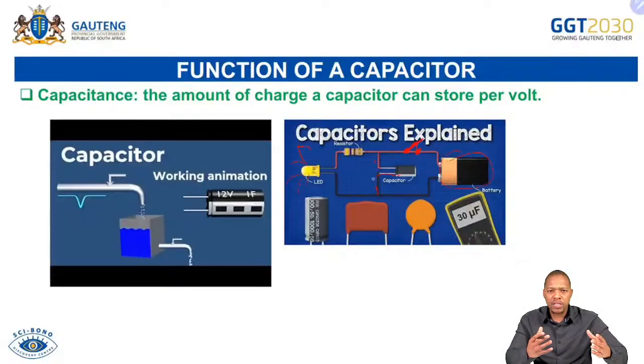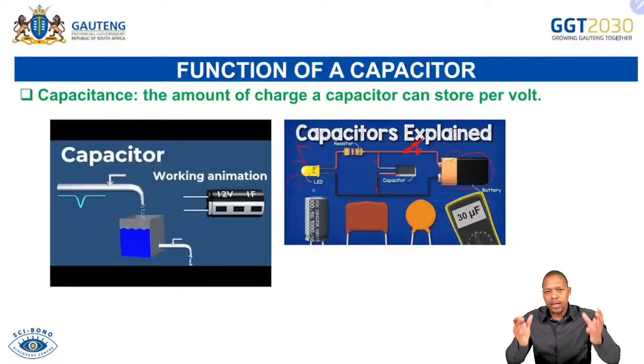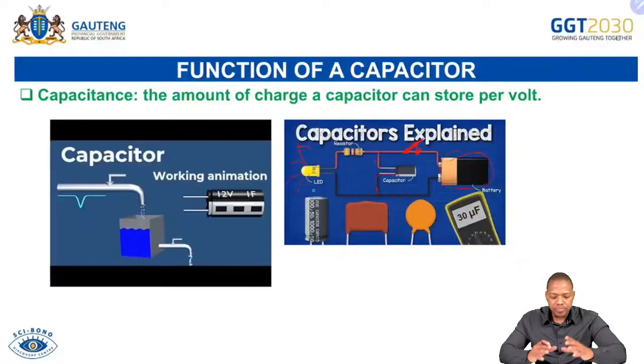Then those charges will start moving from the capacitor. Even though there's a gap here, we will have a movement of charges from the capacitor, giving us light.